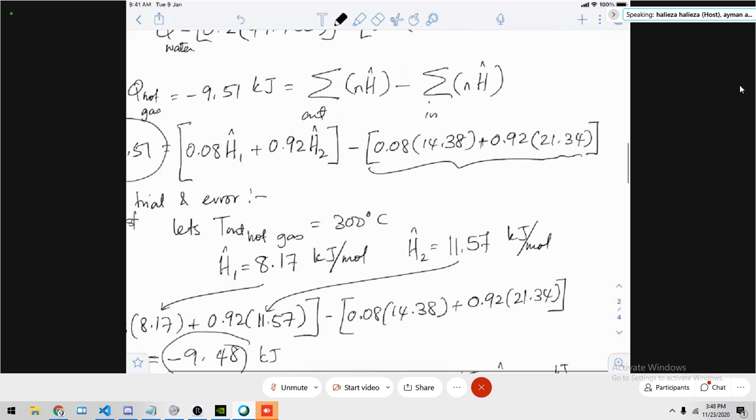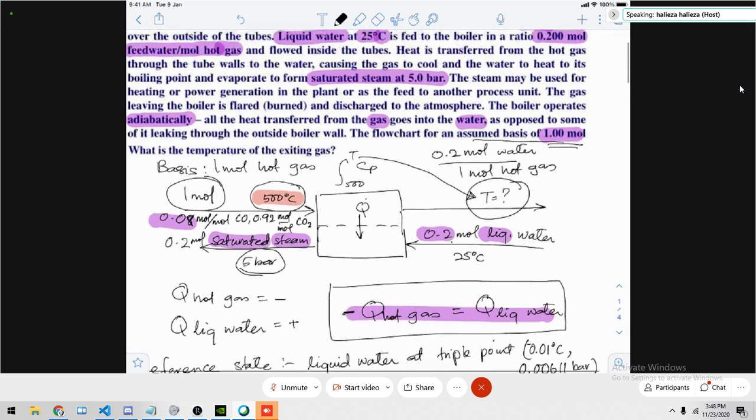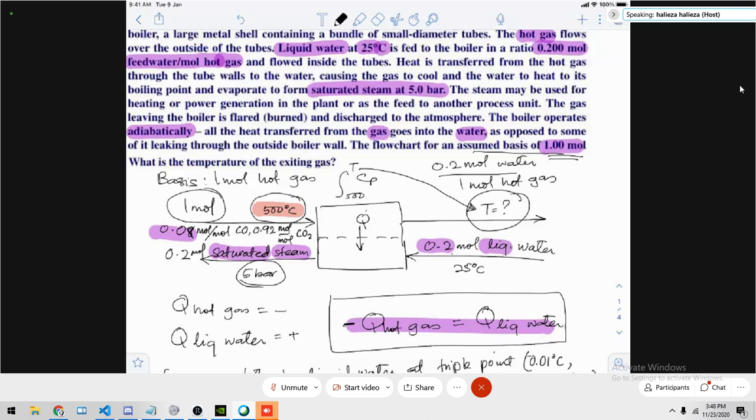Okay. If you look at this question, if you set your reference state for the hot gas equal to 500, which is the inlet, that means for carbon dioxide and carbon monoxide, you set your reference temperature to be the inlet.